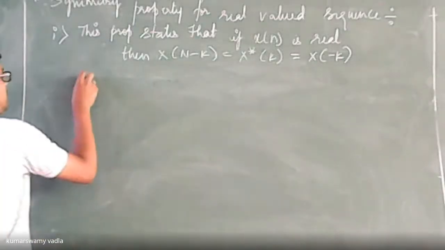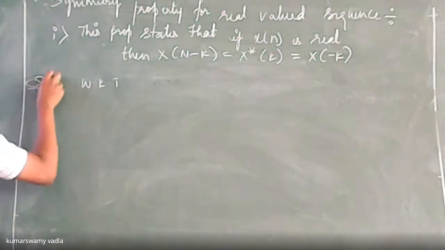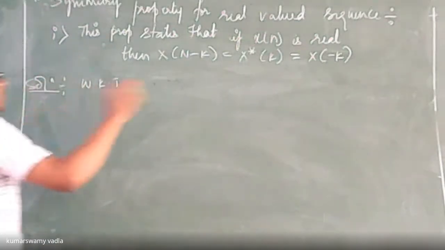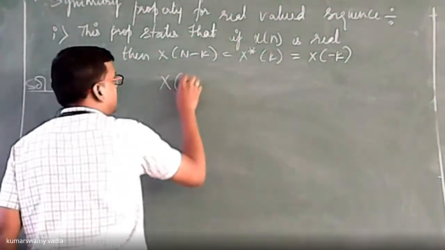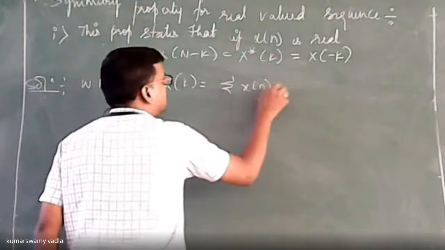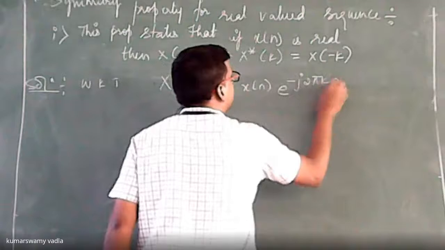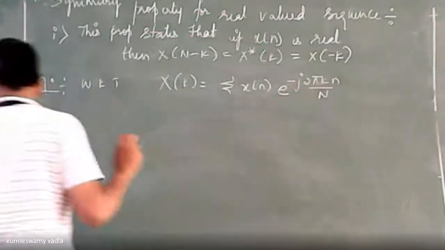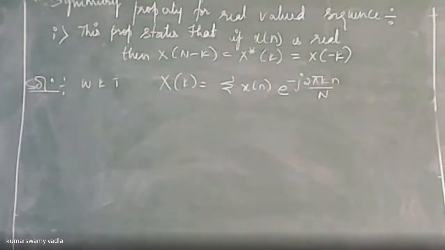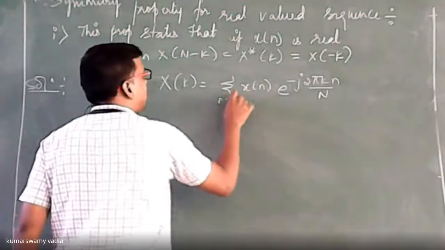From our proof, capital X of k is equal to the sum of x of n e power minus j 2 pi k n divided by N, for n equal to 0 to N minus 1.